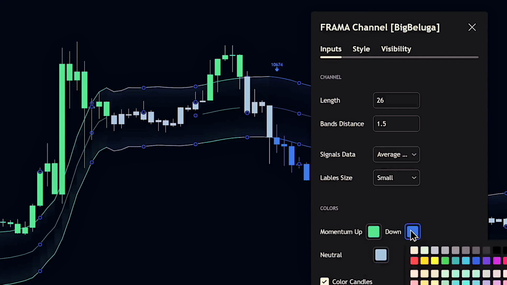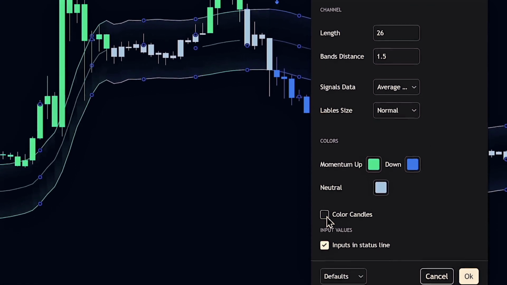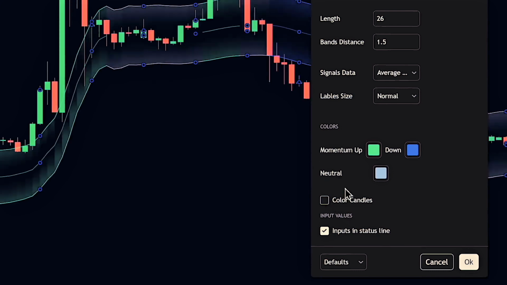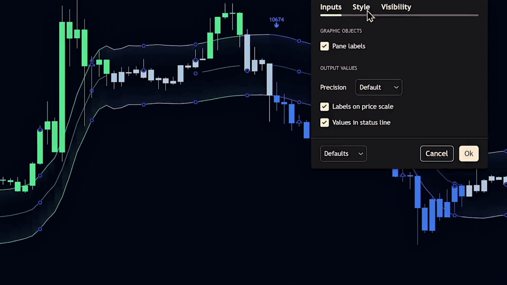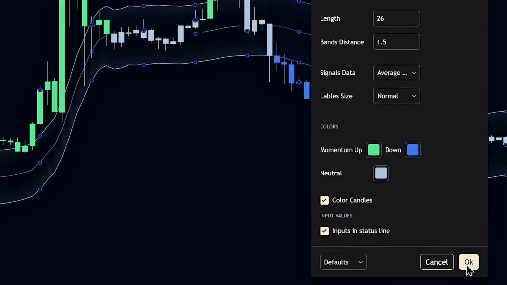You can also tweak the colors for up, down, and neutral modes if you're feeling fancy. Oh, and if the candles aren't showing colors, click the indicator on the chart panel to sync them up. For this strategy, the default settings work great. So let's hit OK.